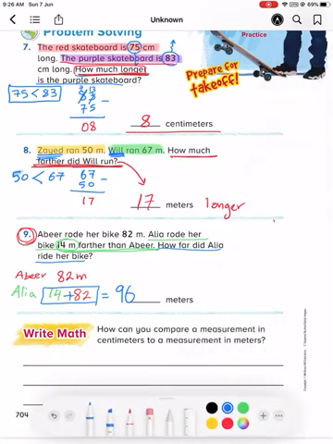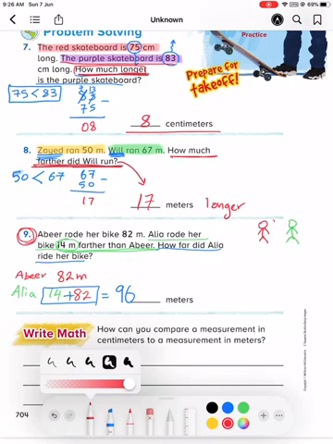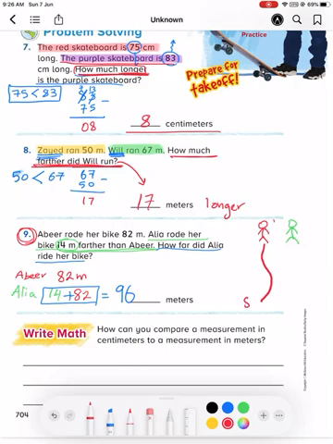Let me move this down. This is Abir. And this is Alia. Abir rode her bike 82 meters. Alia rode her bike more than Abir in 40 meters. So do you see this area?